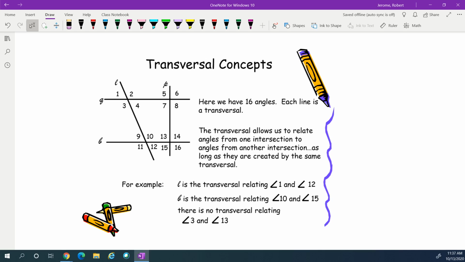We want to be able to identify the transversal that connects the intersections. So for example, if we look at angle 1 and angle 12, the line that connects them, that's the transversal. So it's L.